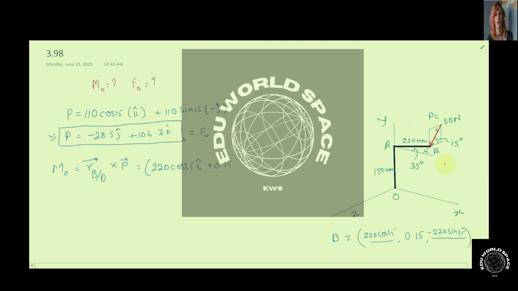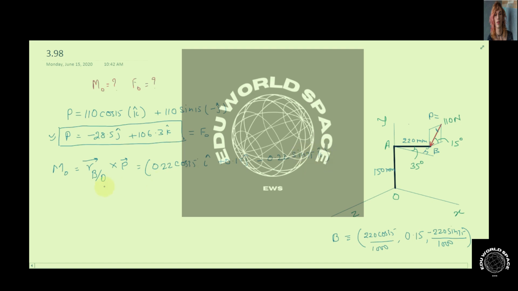Alright, we are making a mistake here: the 0.15 was in meters and these two are in mm, so we have to divide by 1000. So we modify this statement to 0.22 cos 35 i cap plus 0.15 j cap minus 0.22 sin 35 k cap.